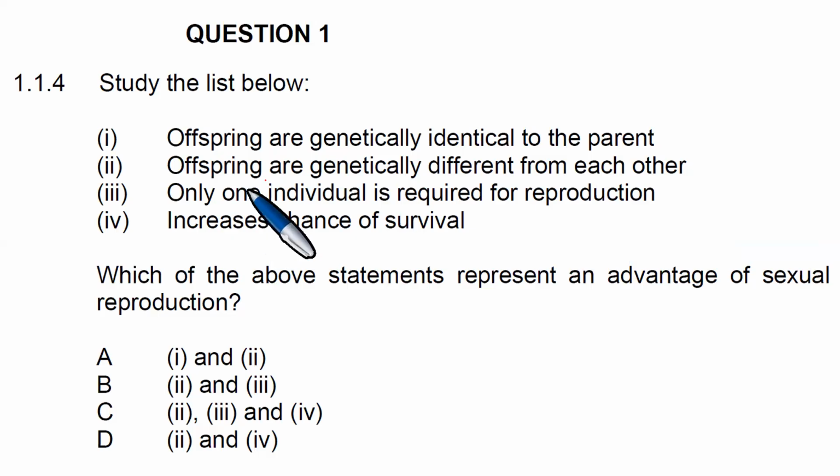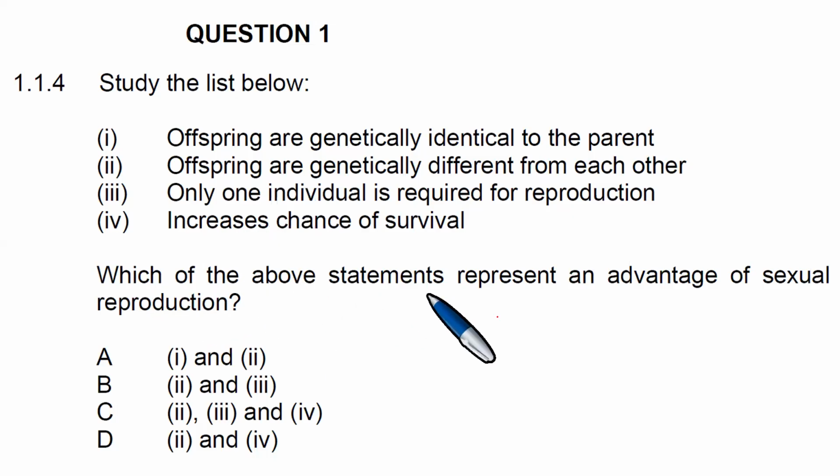One: offspring are genetically identical to the parent. Two: offspring are genetically different from each other. Three: only one individual is required for reproduction. Four: increases chance of survival.